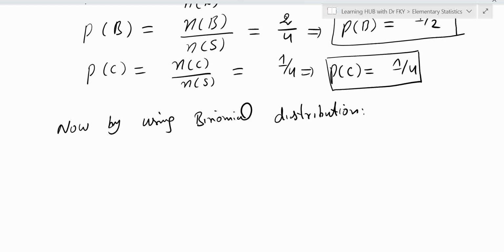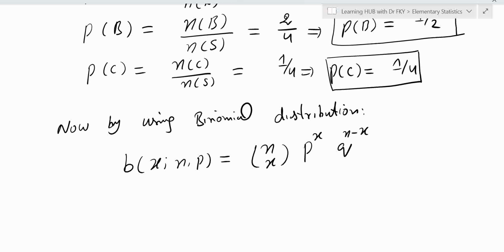What we need in binomial probability distribution is denoted by x, n and p, and that is n combination x, p power x, q power n minus x, q is equal to 1 minus p, and x is equal to 0 up to n.